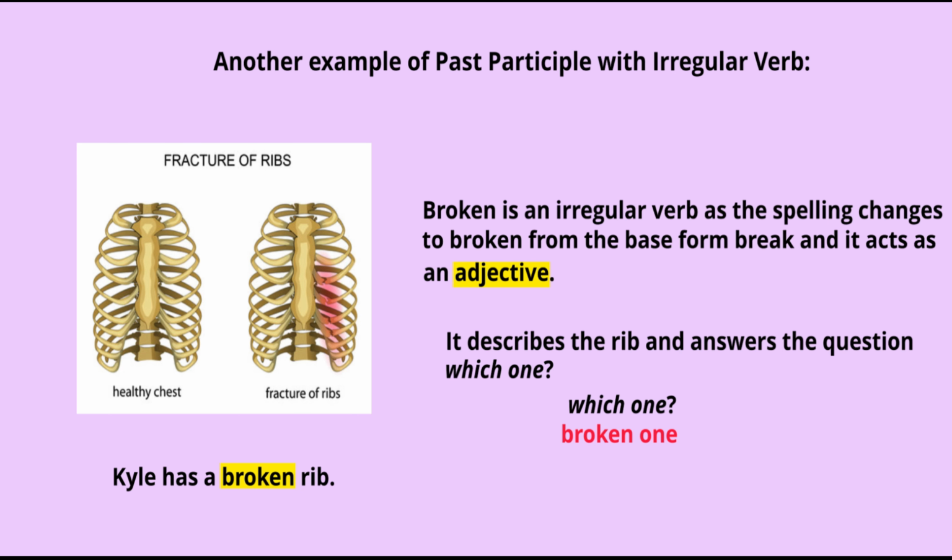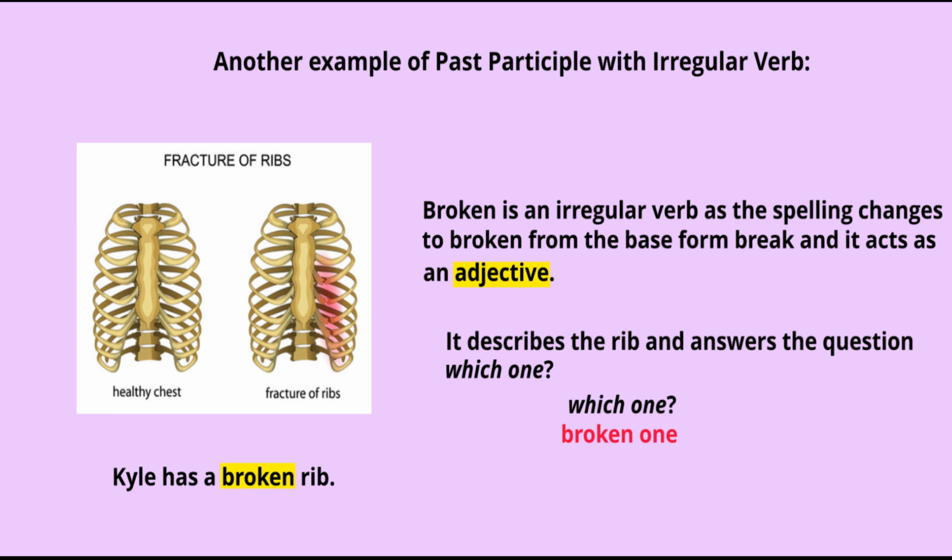Another example of past participle with an irregular verb. If you want to know more about irregular verbs, you can watch the video called Irregular Verbs in the playlist called All About Verbs. In the image, you can see fractured ribs. You can see a healthy chest, and in the other picture, you can see the chest having broken ribs.